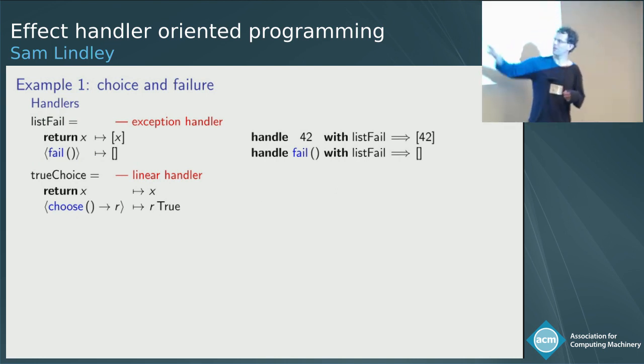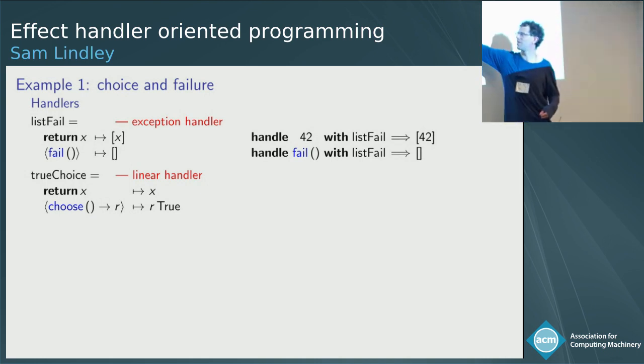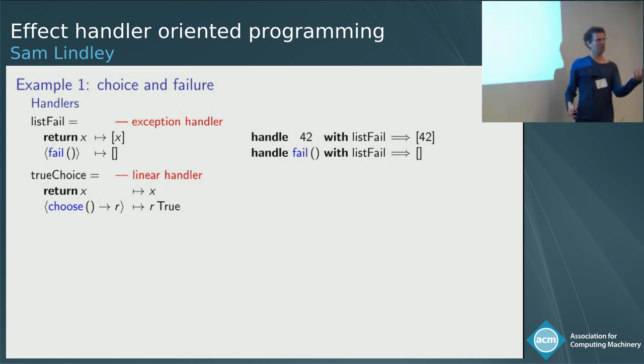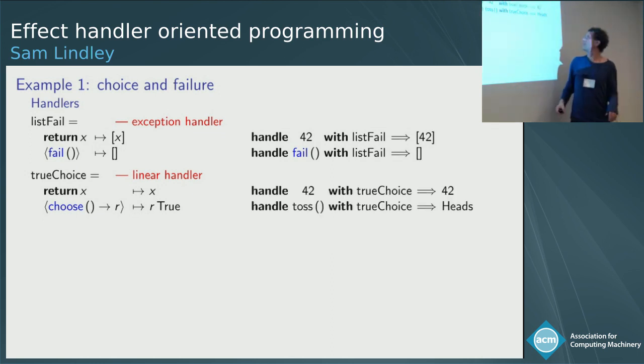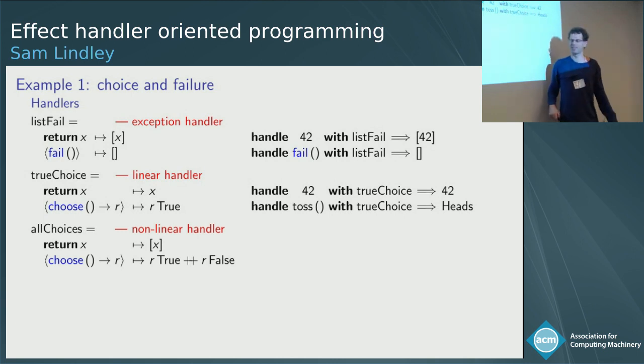So the idea is when you see choose, you'll substitute in whatever that Boolean value is when it gets invoked here. So this handler, all it's going to do is whenever you do choose, it's always going to choose true. So it's a biased choice. So if we try to toss a coin, then you'll just get heads.